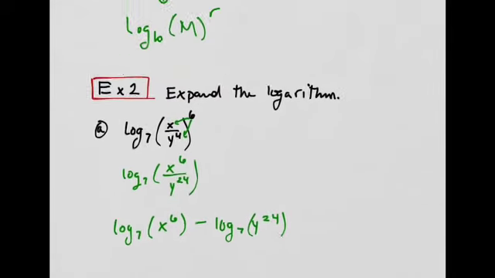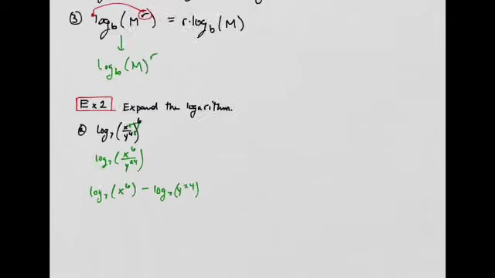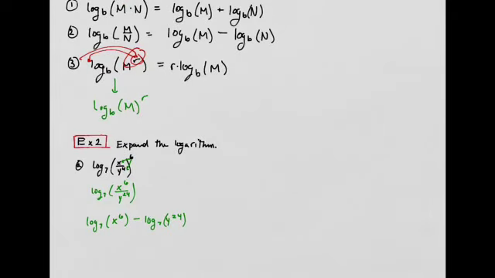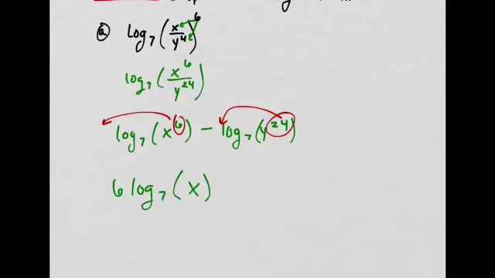And then now I'll use law 3 to move my exponent out into the front. So I get this moves out and this moves out in front. So those become coefficients. So I have 6 log base 7 of x minus 24 log base 7 of y.